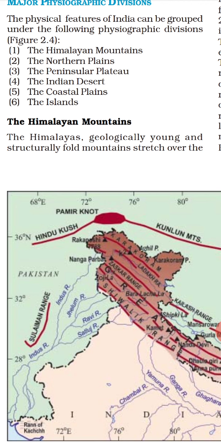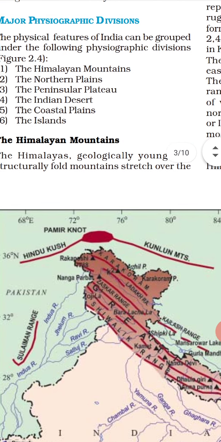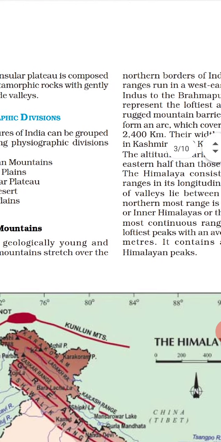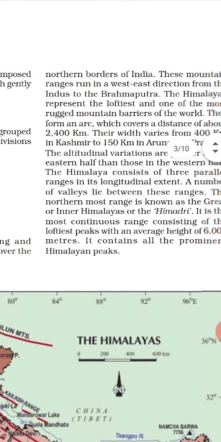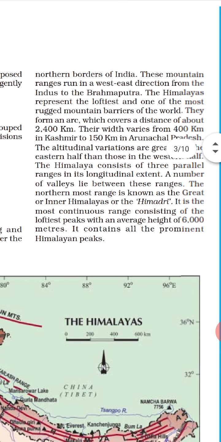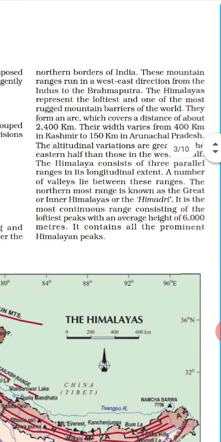That's why we call them young fold mountains, and they stretch over the northern border of India. These mountain ranges run in the west-east direction.